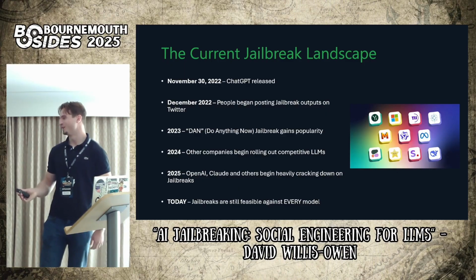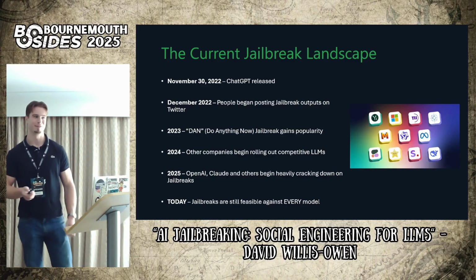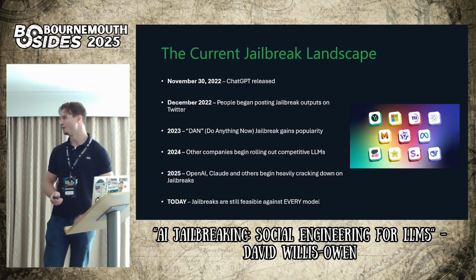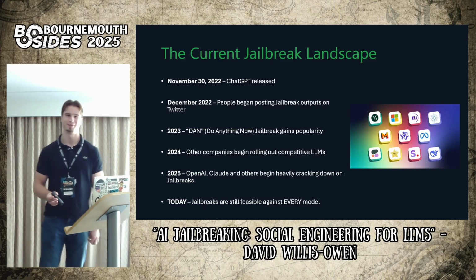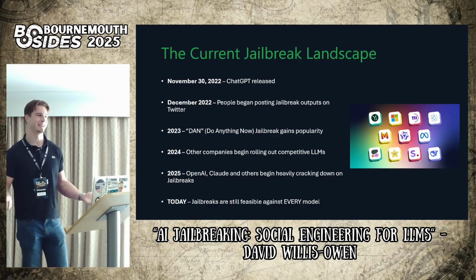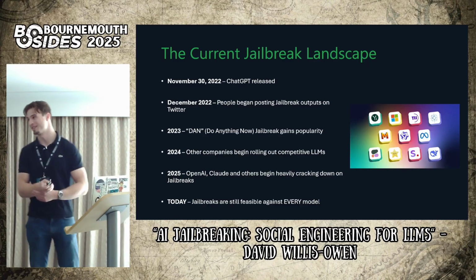In 2023, something called DAN became very popular on GitHub and Reddit, which is the Do Anything Now framework. It's basically a fairly long jailbreak that tells ChatGPT to become this rogue persona, and it allows you to get nearly any output, or at least it did back then.